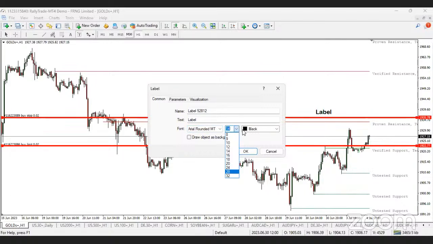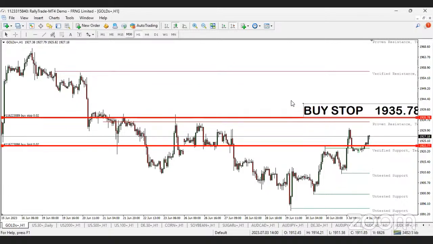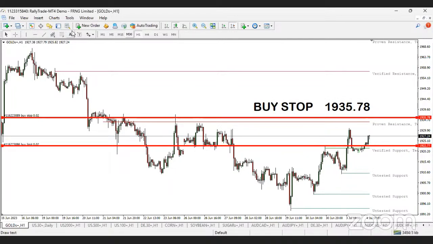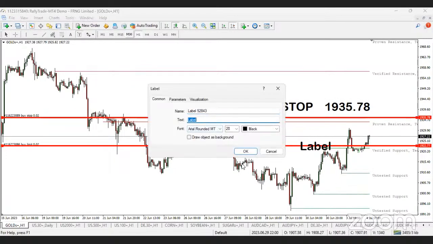All right. So for gold, for buy stop, 1935.78 buy stop for gold. And then buy limits for gold as well. Buy limits for gold will be around 1922.77.